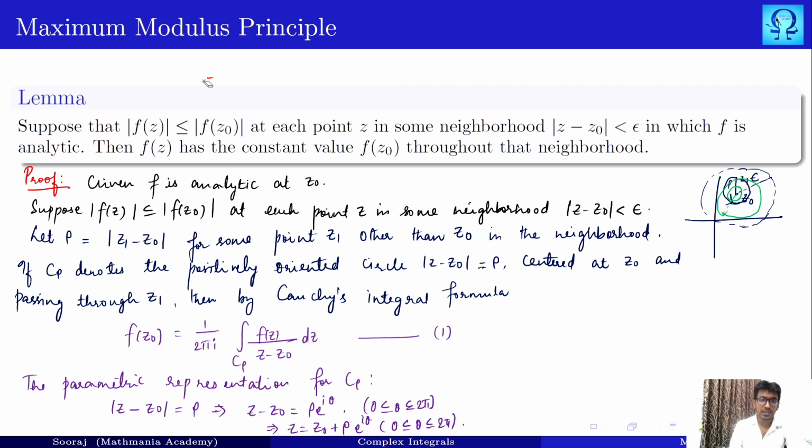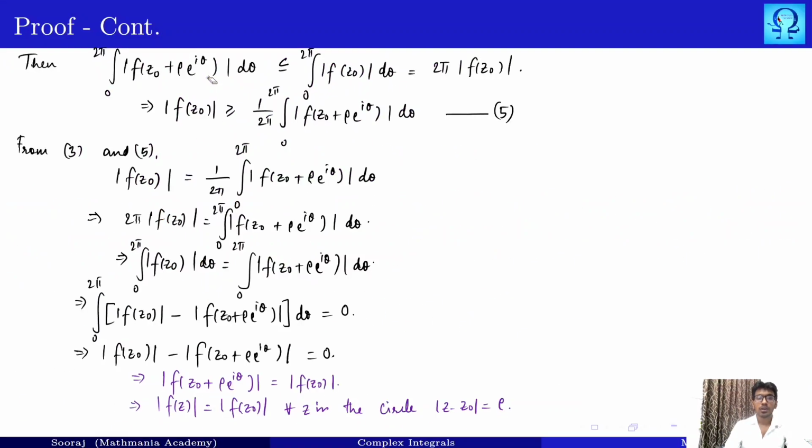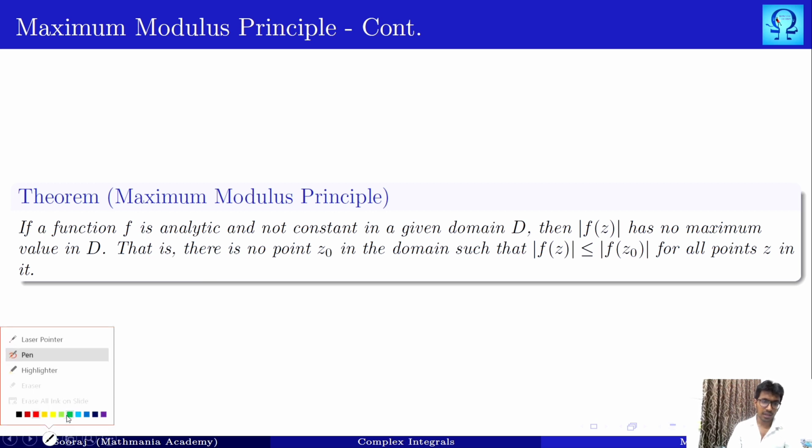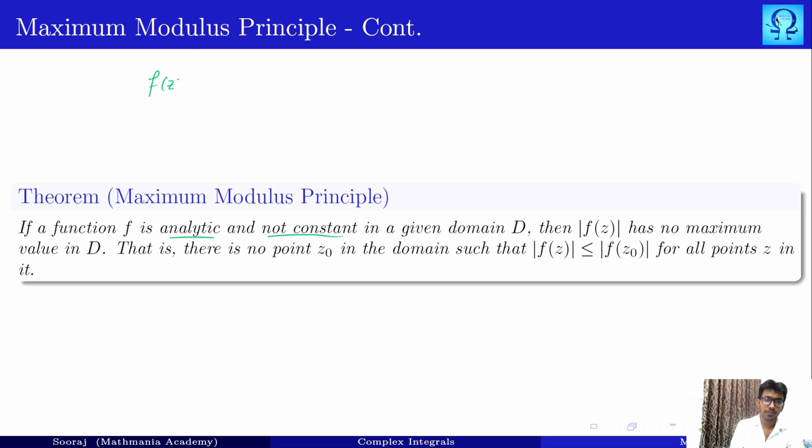With the help of this lemma, we are now ready to prove the maximum modulus principle. Here, what is given? It is given that a function f is analytic and is not constant in a given domain D, which means f of z is not constant.